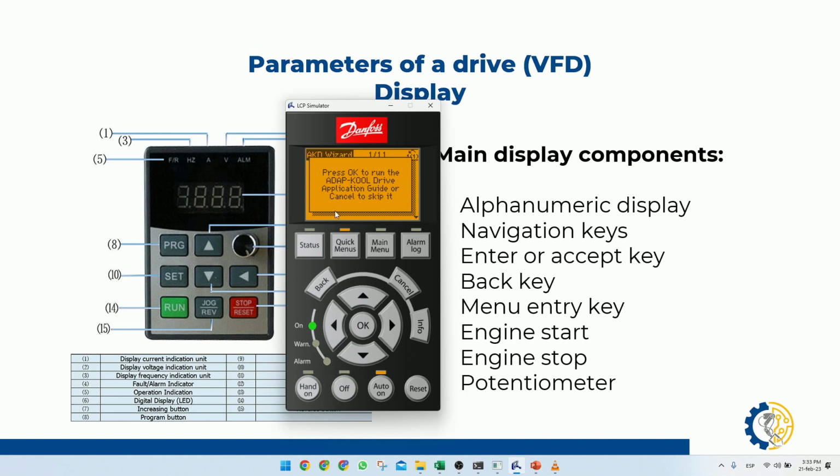Through this screen, we are going to transmit to our drive what we require, what we need to control: speed, velocity, motor data, acceleration ramps, deceleration ramps, minimum speed, max speed, everything that has to do with the motor and how you want it controlled.